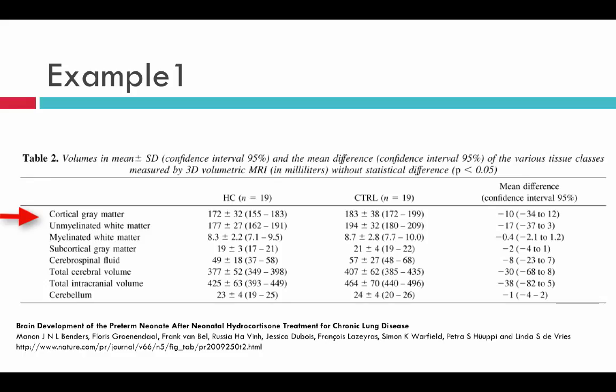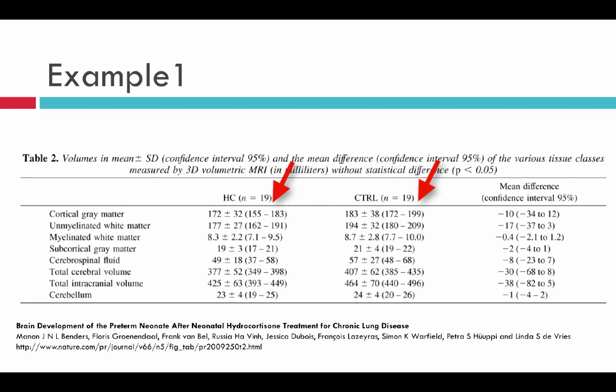If we were to consider the first row of this table, the cortical gray matter, we can look and see that confidence intervals were created to estimate the volume in the cortical gray matter for both the treatment group and the control group.